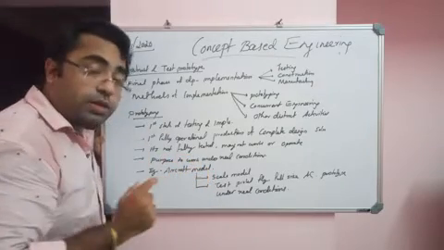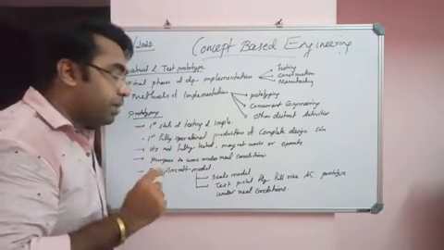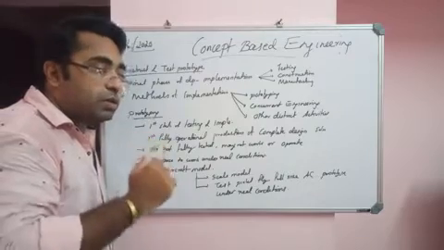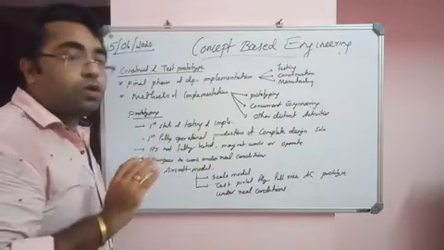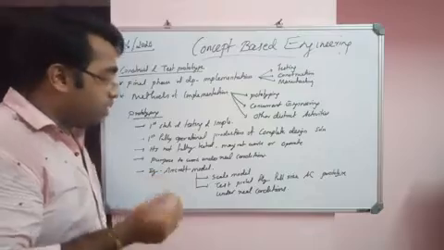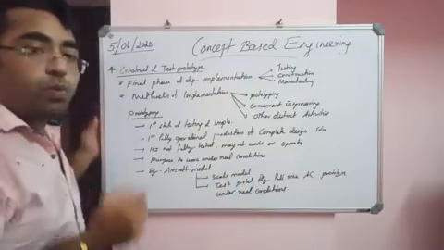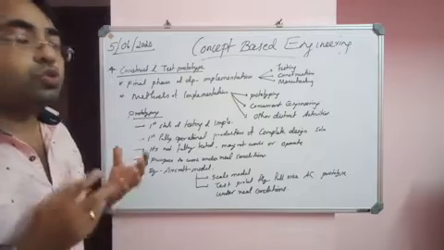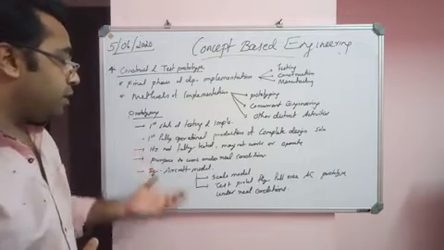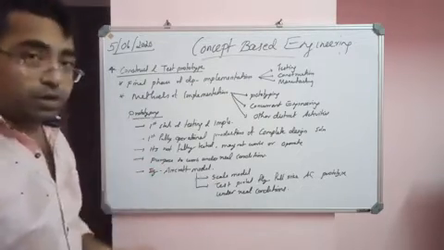It is ready for production, but it is not completely tested. Then the purpose is to work under real conditions. So why is prototyping made? To check whether this thing works under real conditions or not.